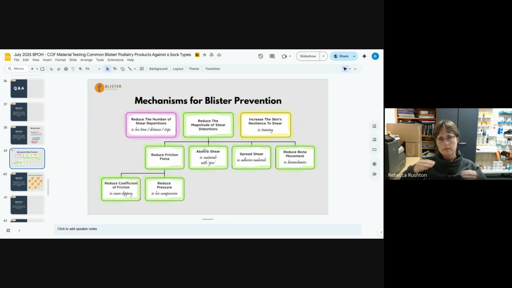So all those layers of bandage undergo a bit of shear themselves, a bit like Spenco and the gel toe sleeves to a lesser degree, and they would reduce pressure because they're spreading the pressure out instead of it being at a bony prominence. I would be reluctant to be sticking things to the skin any more than I had to, just because there's the potential to cause skin damage when you remove them.